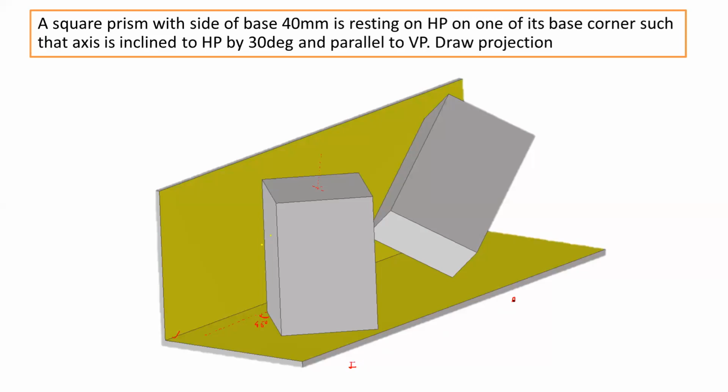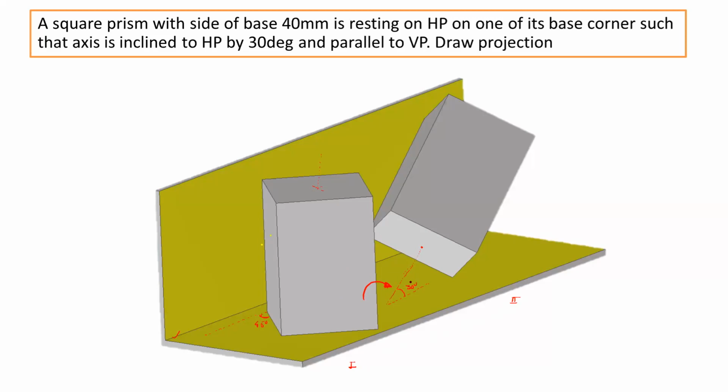In the second stage, you have to rotate this prism such that the axis will be inclined at 30 degree. So here, if you draw the axis, this angle will be 30 degree.